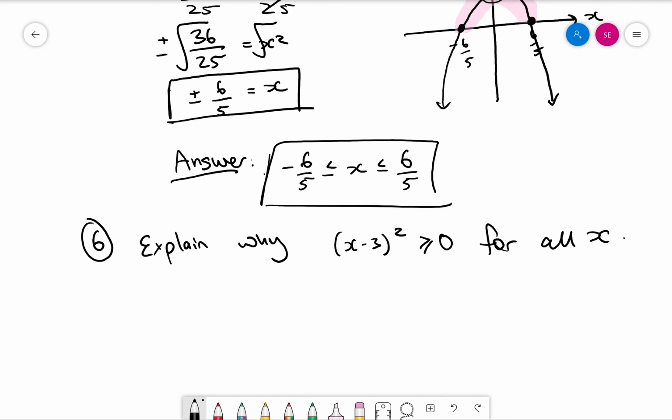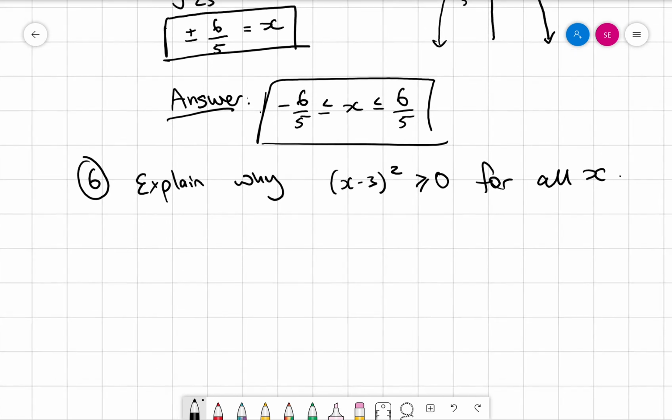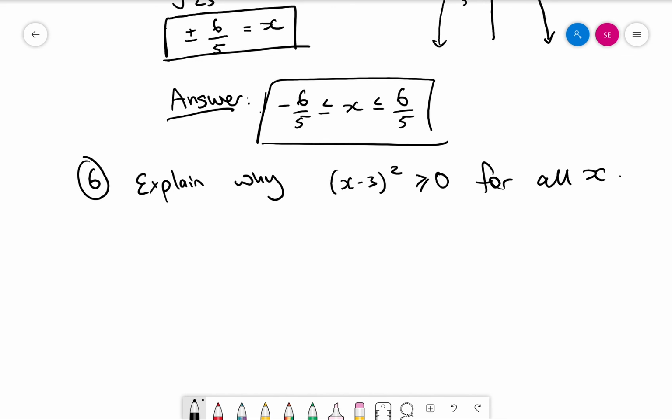Okay, well, you could do this 2 different ways, but the easiest way is probably graphing it.